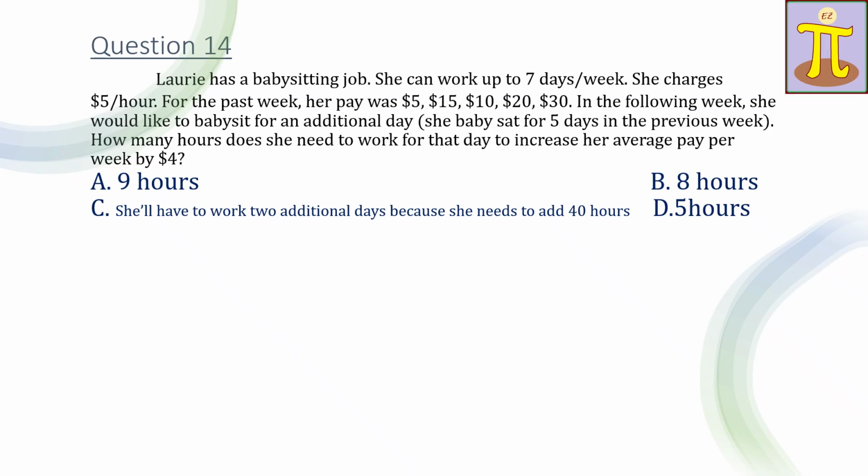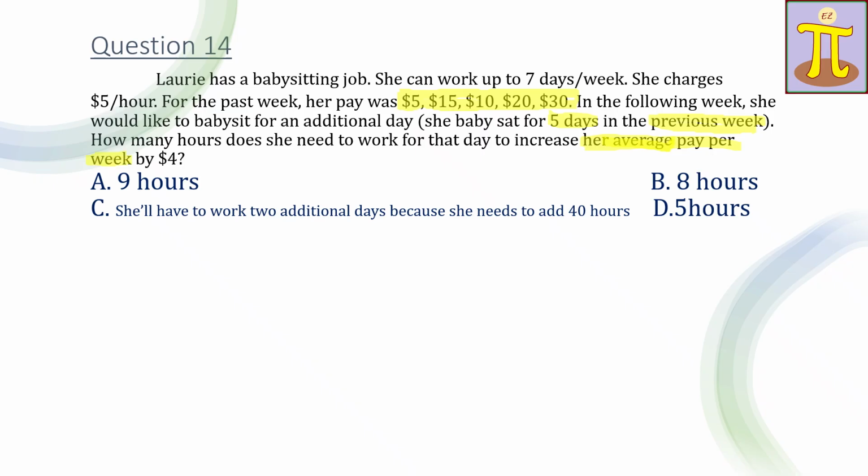So first we have to break it down into smaller pieces. Okay, so we have 5 weeks. The previous week she worked 5 days, and the amount she earned is right here. That's 5 numbers, 5 amounts of money. To find the average, see that the question is asking to increase the average pay per week by 4.